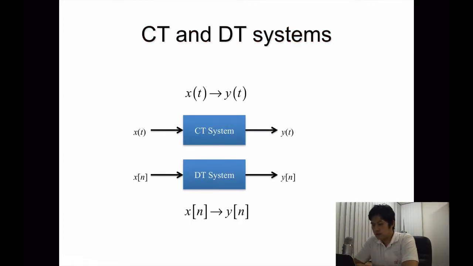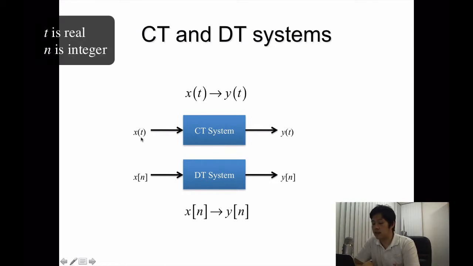I will use this notation, the arrow notation, to denote that this signal x(t) passes through the system, and then the system reacts to this signal x(t) with the output y(t). So x(t) is fed into the CT system because you can see that this is time index t, which means that the signal itself is continuous time.